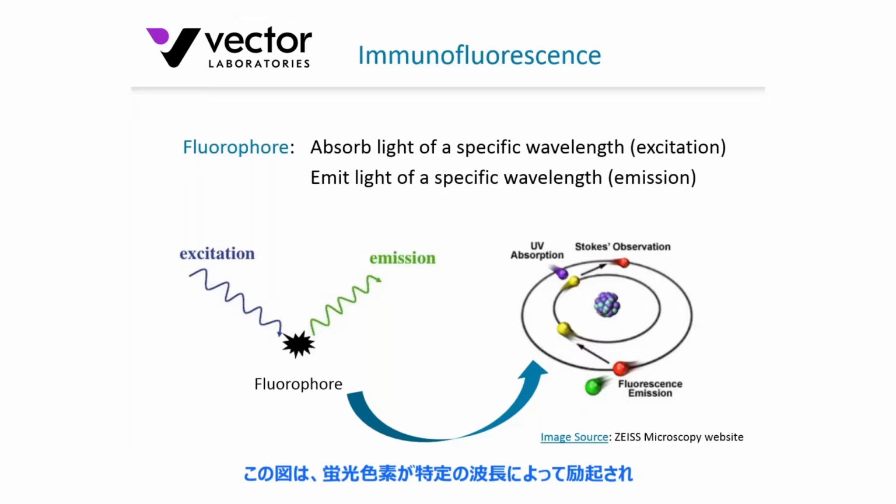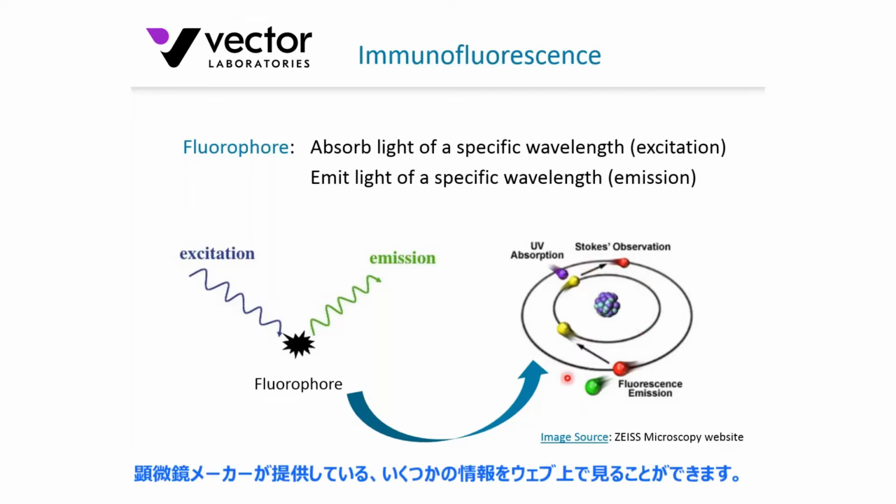I've got a couple of cartoon diagrams down the bottom here showing a fluorophore being excited by a wavelength of light and then emitting that in a changed state, a specific light color, so that it can be visualized under the microscope. Those who are interested in the actual atomic arrangement can have a look at some of the information that's available through some of our microscopy company friends on the internet.